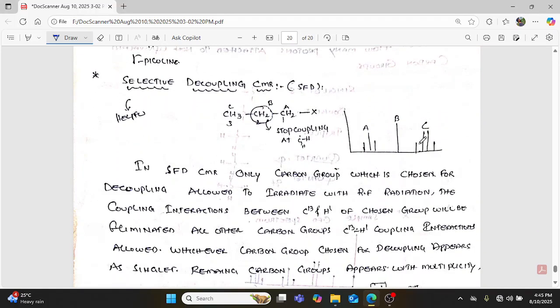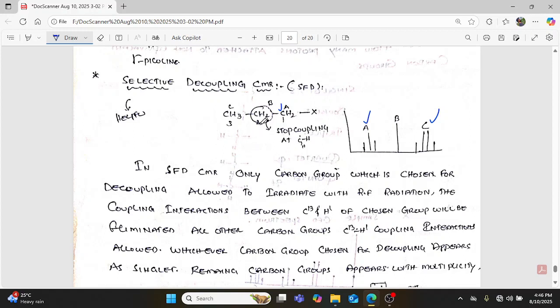Next, selective decoupling. The name itself indicates selective decoupling. See this example. For the A-type carbon, 2 protons are attached. 2 plus 1 means 3 signals. For the C carbon, 3 protons are attached. 3 plus 1 means 4 signals.